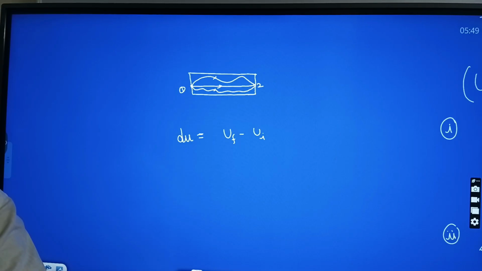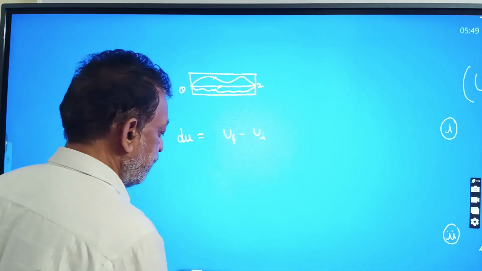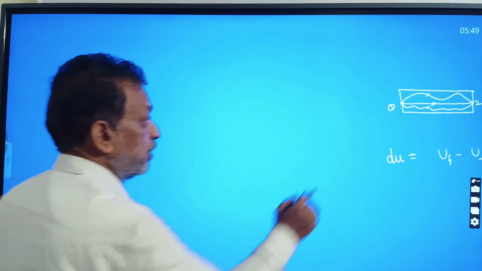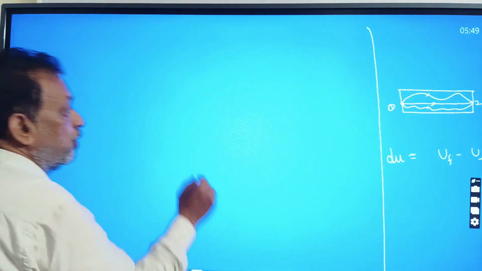Change in energy does not depend on the path of the process, so it is called a point function. Please underline point function. Next, take the problems.